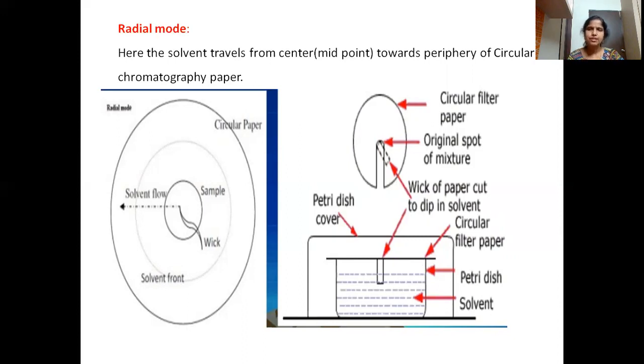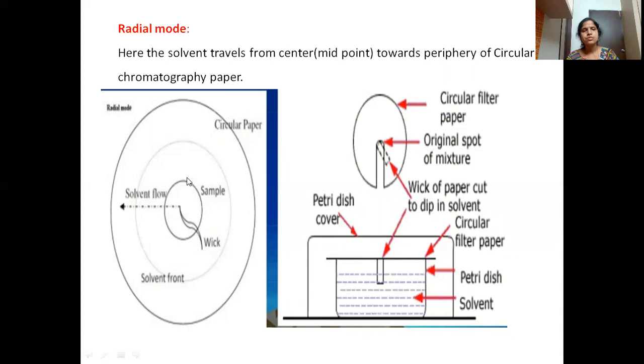Now what happens again due to the capillary action? The solvent will move up towards the paper at the center first. So this is the wick here. Through this wick, the solvent will move up till here. Now here, as the sample is loaded, it is interacting with the sample, and then it starts flowing circularly, like this.